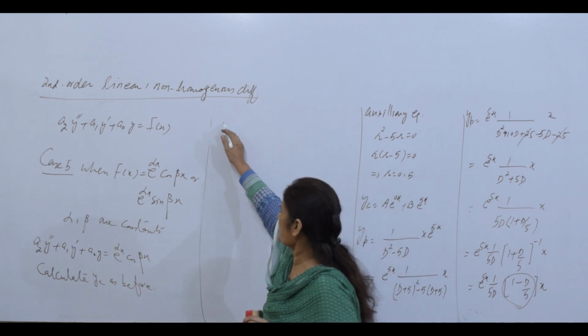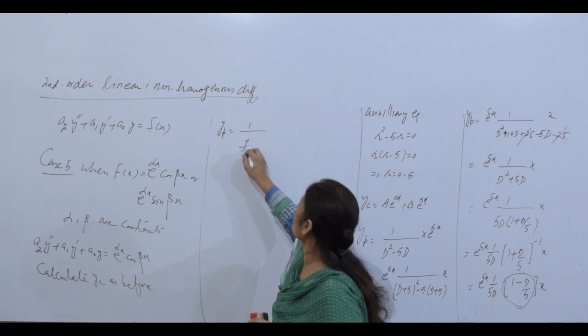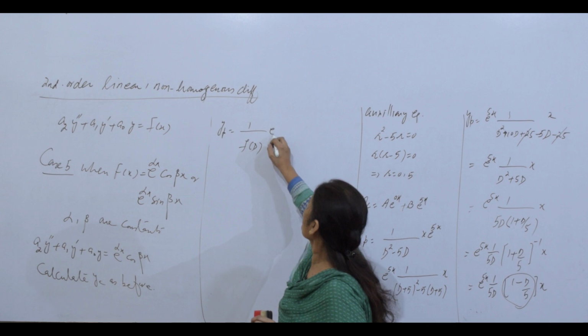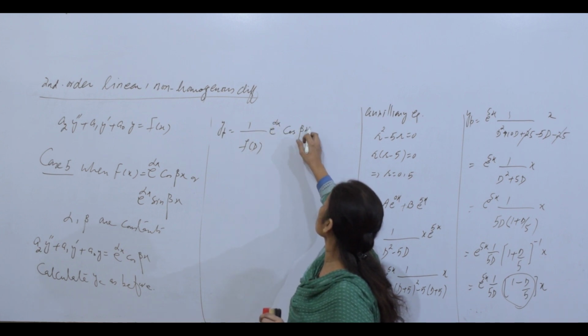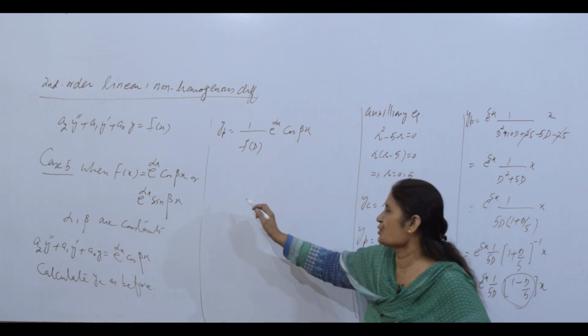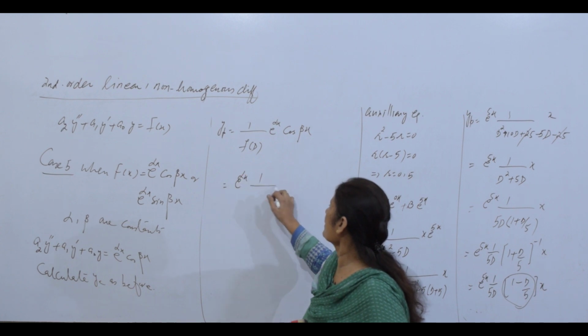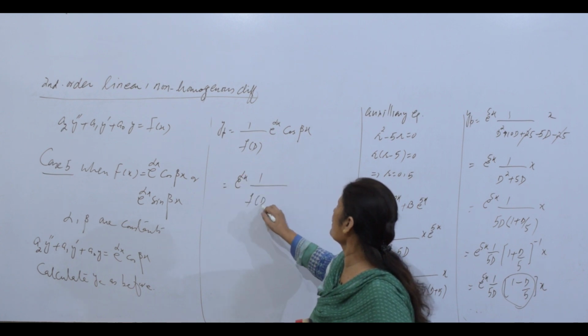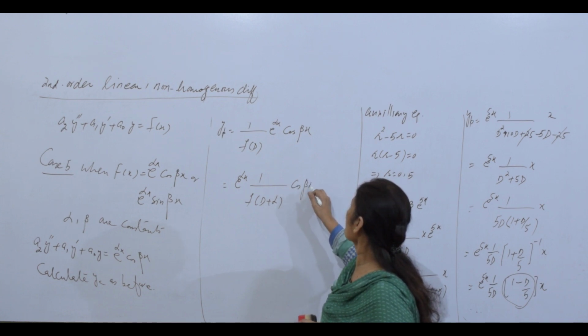So let me explain. Yp is 1 over a polynomial in D times e^(αx) cos βx. Look at that. So again the same: e^(αx) times 1 over f of (D plus α) cos βx.